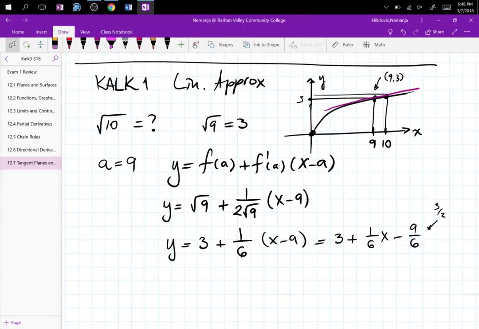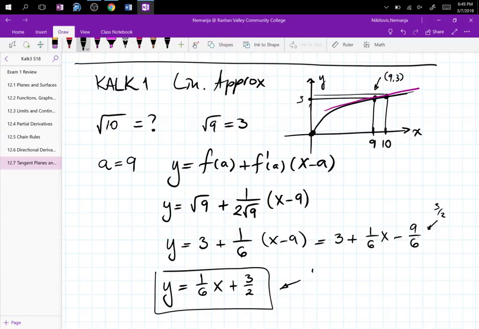So if that's 3 halves, and I have 3, then 3 minus 3 halves is 3 halves. Great. So I have my tangent line as y equals 1 over 6 x plus 3 halves, and this is the tangent line at x equals 9.